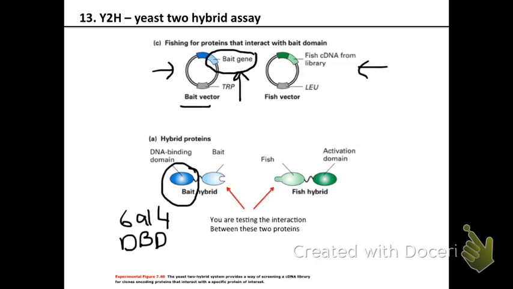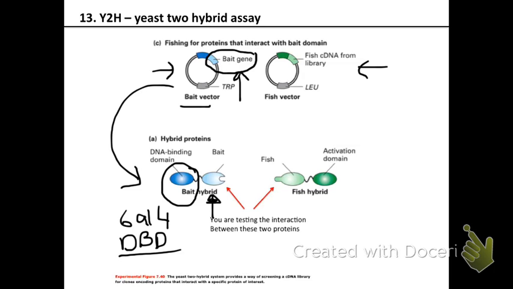So when you put this plasmid into the yeast, this fused gene is expressed. It's going to produce a protein in which your bait protein, the protein that you're interested in, is fused to the DNA binding domain of the GAL4 transcription factor. Okay? Then you build a second plasmid.